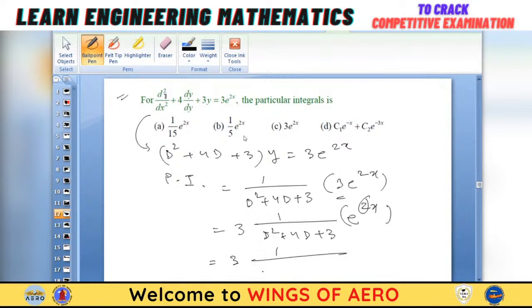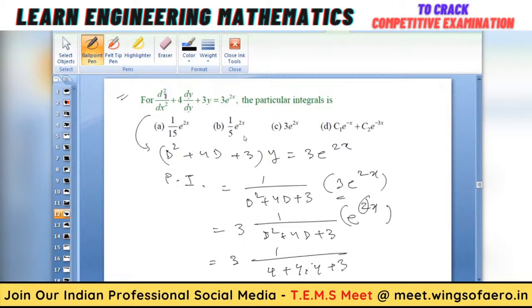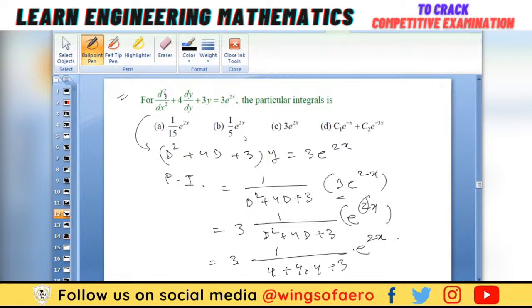So d square is 4, plus 4 into 2, plus 3.